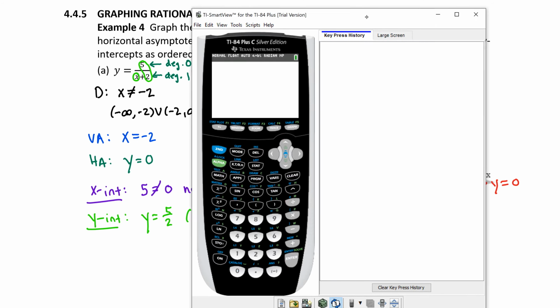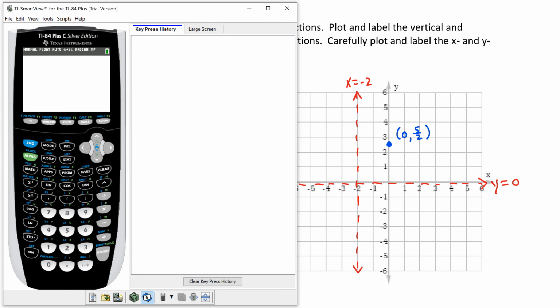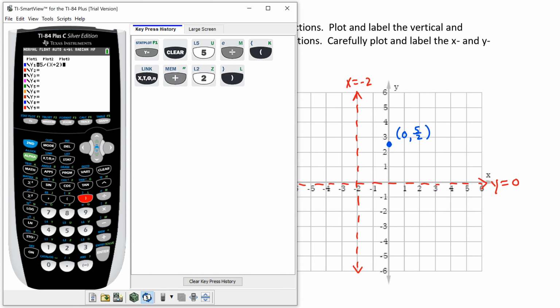We can either plot points, that is, pick some x values and determine what comes out for y, or we can use our graphing calculator to sketch the general behavior of the graph. Make sure when you type this in that you put the denominator in a set of parentheses. And let me go ahead and do zoom 6. I had my viewing window changed previously.